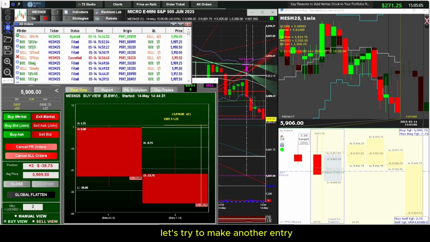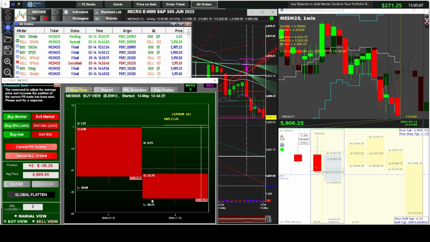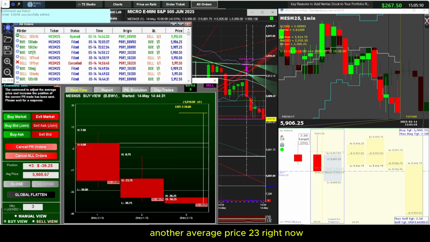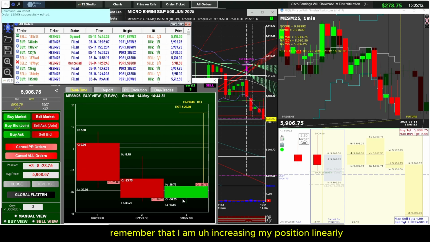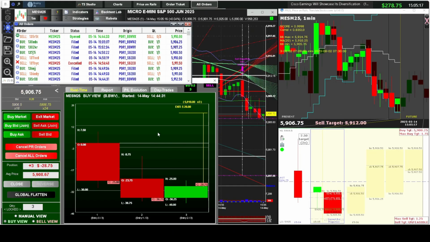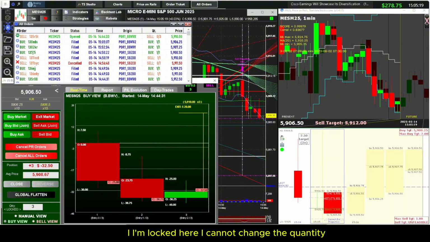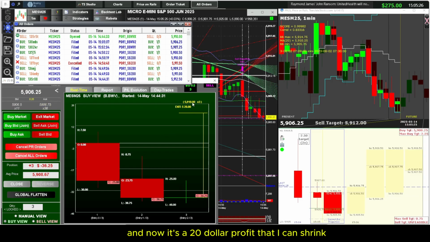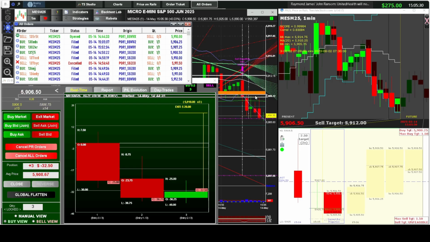Let's try to make another entry. Another average price, 23 right now. Remember that I am increasing my position linearly. I'm locked here. I cannot change the quantity. The quantity is always the initial quantity. And now it's a $20 profit that I can shrink.